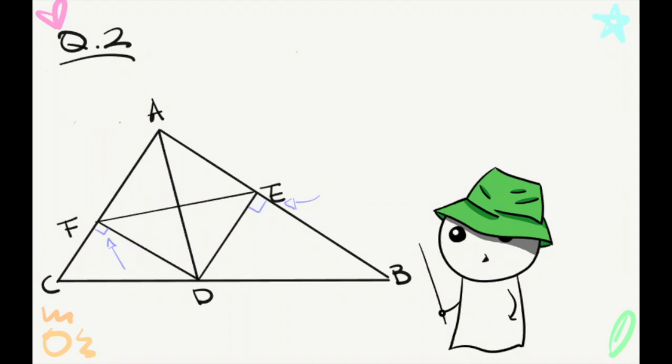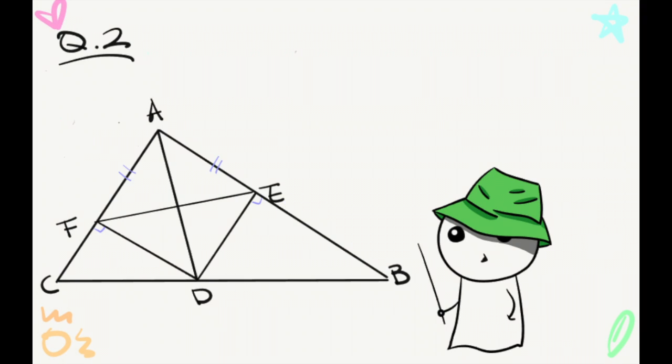Since DE and DF are heights of AB and CA, that means that angle DFC and angle DEB equal 90 degrees. So next we're going to prove that AF equals AE and then DF equals DE.